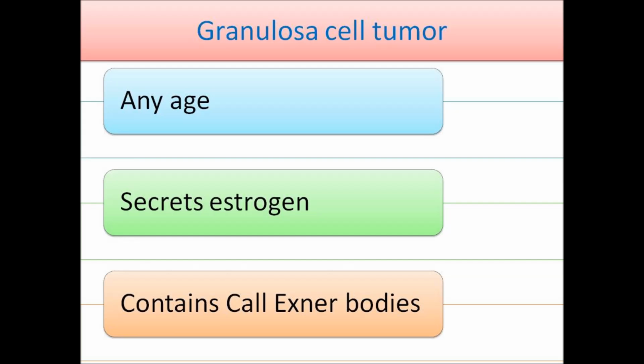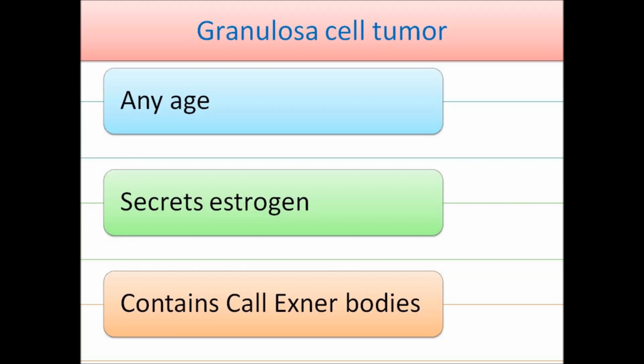So this tumor secretes estrogen. So here, if we have a young patient, a child, this will present with isosexual precocious puberty. We have a female child who grows as a female but faster than her colleagues.